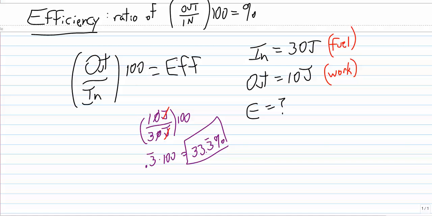Okay, when you solve problems for efficiency, your answer will always be some number that is less than 100. Why? Because if it were greater, then you could put in 30 joules worth of fuel and get out 31 joules of work. And that's just not possible. So your answer for efficiency is always going to be some number less than 100.